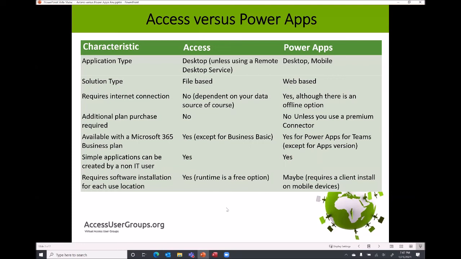Does the product require software installation for each use location? And the answer for Access is yes. If you've got an ACCDB file, for example, which is your Access database application, you can copy that and put it on someone else's machine, but if they do not have Microsoft Access installed on their machine, they cannot run or open that ACCDB file.